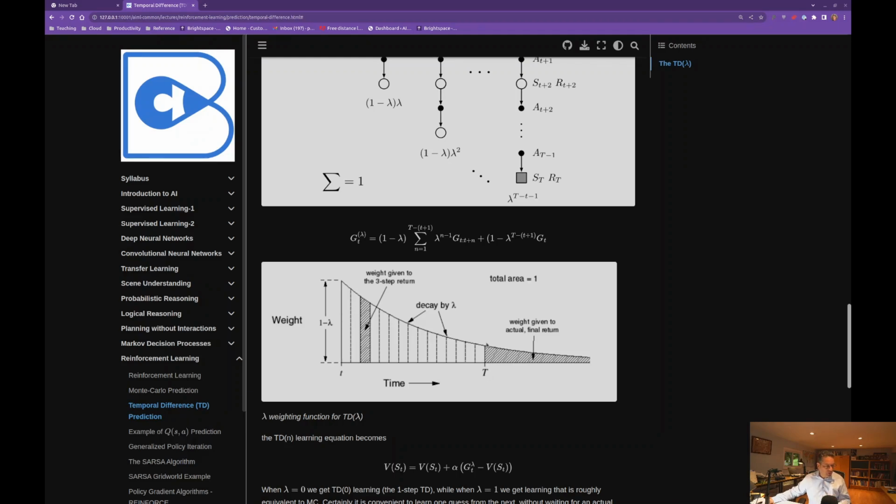And the last term corresponds to this weight over here, where anything beyond capital T, which is the episode end, will be weighted by lambda to the power capital T minus t minus 1. That's also what we have mentioned here on the side in terms of the equation.